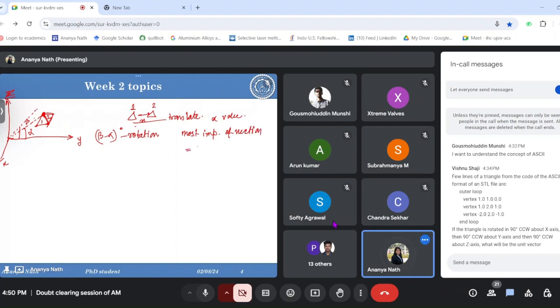Here the triangle has its direction as the normal. The normal has the direction, the triangle does not. So the triangle's direction means the normal's direction, n. And how this n value will be rotated is different.